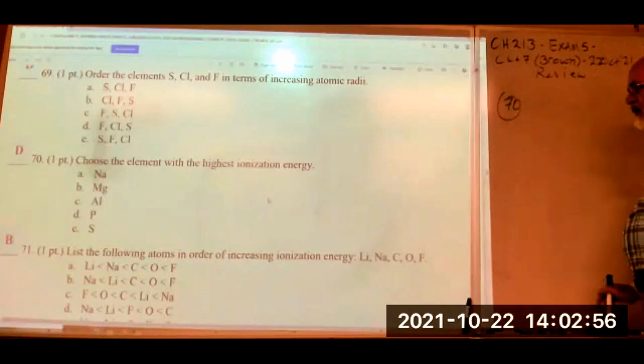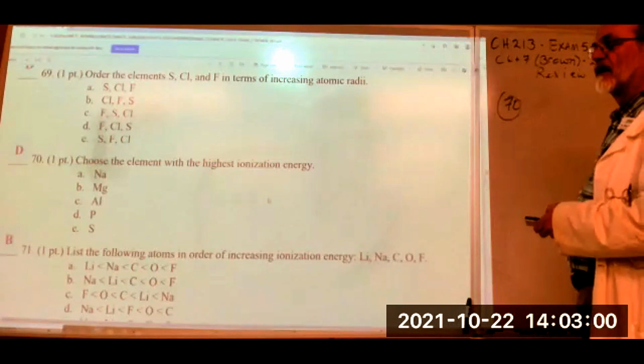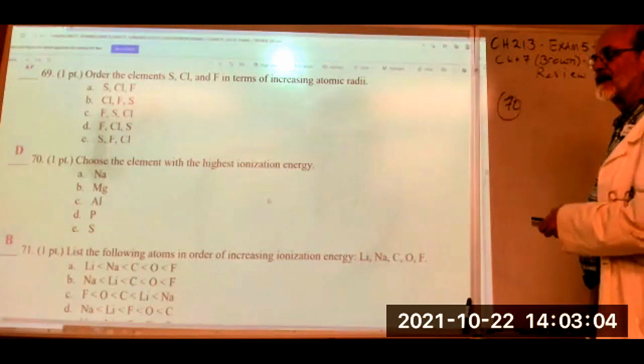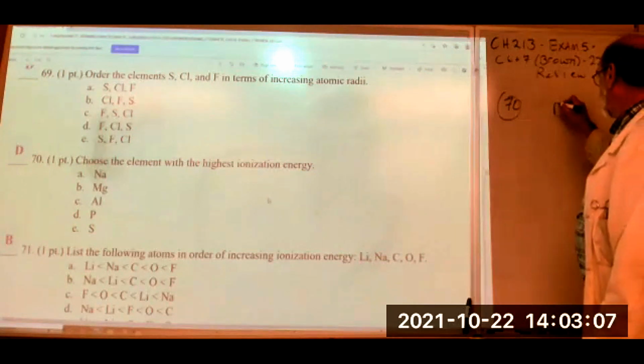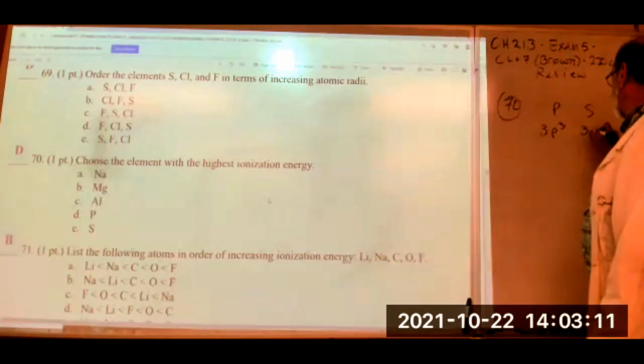So let's look at their structure. Phosphorus and silicon, phosphorus and sulfur. Phosphorus will have 3p3. Sulfur will have 3p4.